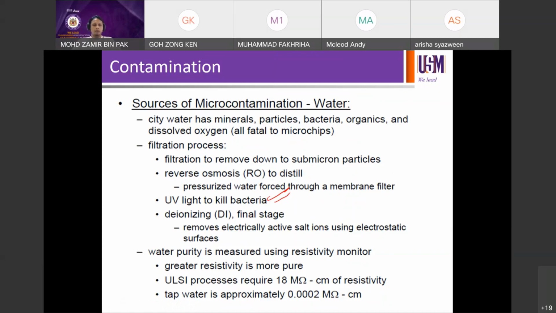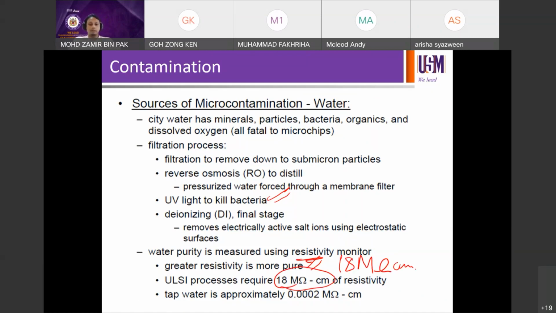For DI water, the water purity is measured using a resistivity monitor. Greater resistivity means more pure. For example, the DI water that we use in the fab is typically 18 mega ohm cm of resistivity. So that's the resistivity of that water.